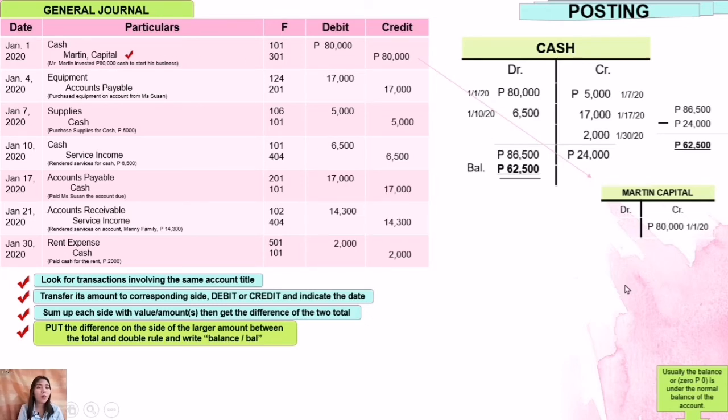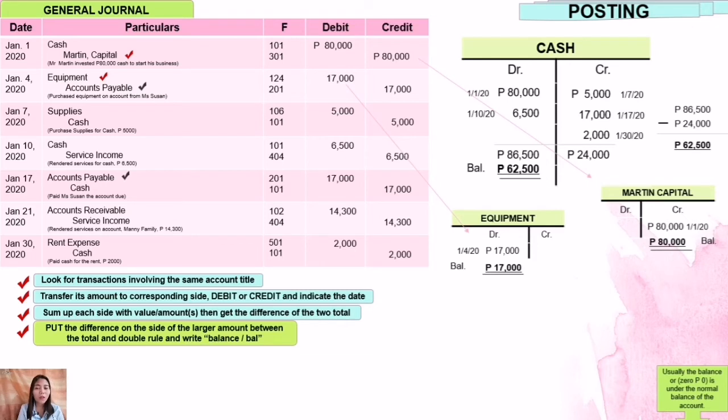If we have one amount only, then simply bring down the amount and that's the balance. Now let's proceed with equipment. We only have one, so just draw T accounts with debit on the left, credit on the right, then input the amount with the date since one amount only, so bring down 17,000.